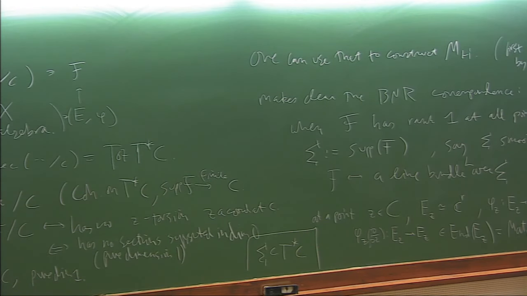This is just the equation for that subvariety, where t is viewed as the fiber parameter, and that's why we have this twisting.